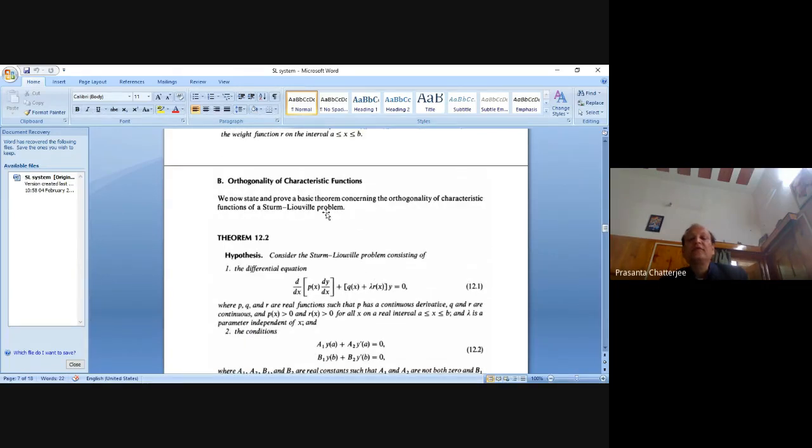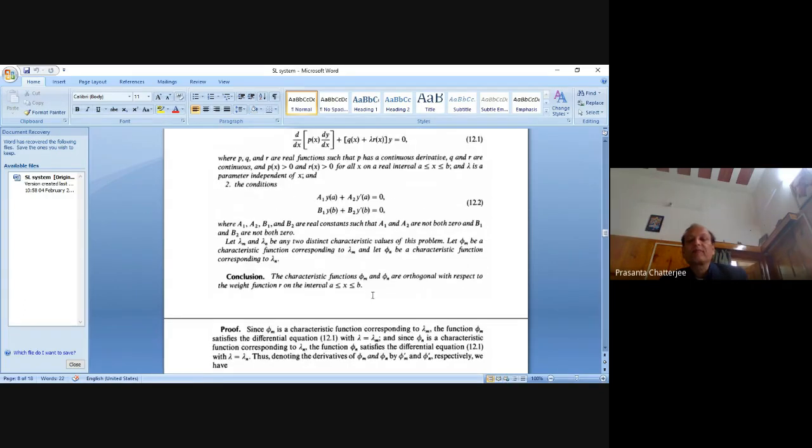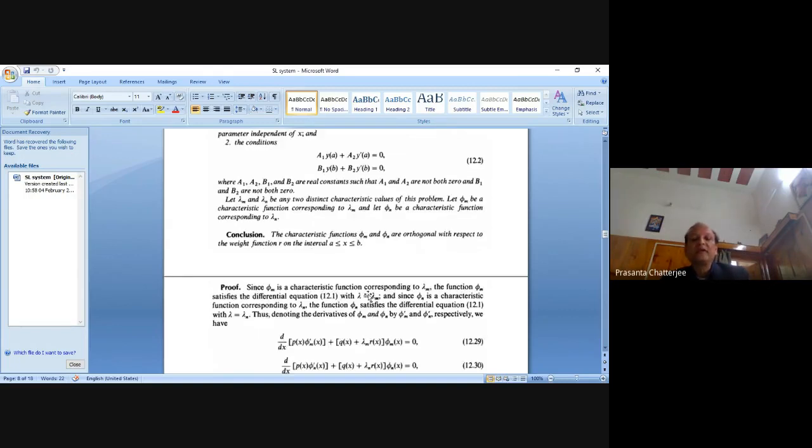This orthogonality of characteristic functions can be proved in general. Suppose this is the standard SL system 12.1 and 12.2. Then we can prove that for this SL system, characteristic functions are orthogonal with respect to the weight function r on the interval AB. The proof is similar to the proof of the similar theorem for self-adjoint operators.